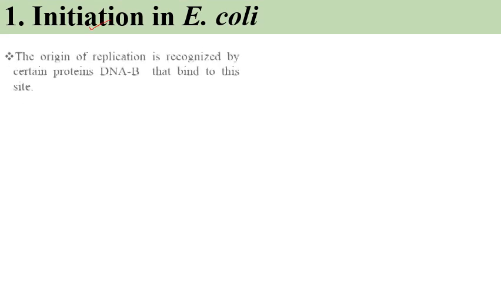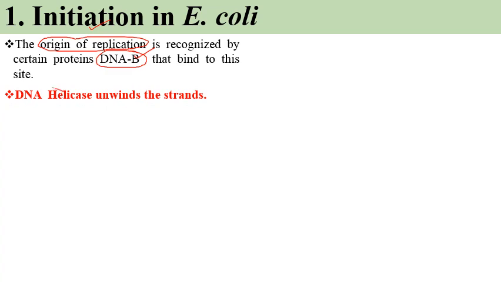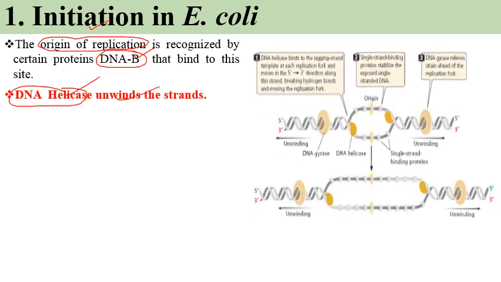First step in case of prokaryotic replication is initiation. This initiation starts from a point which is known as origin of replication, which is recognized by certain proteins called DNA A proteins. These proteins have helicase activity, they work like DNA helicase, and they help in unwinding of DNA strands.